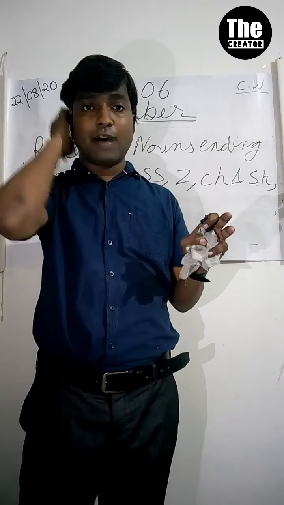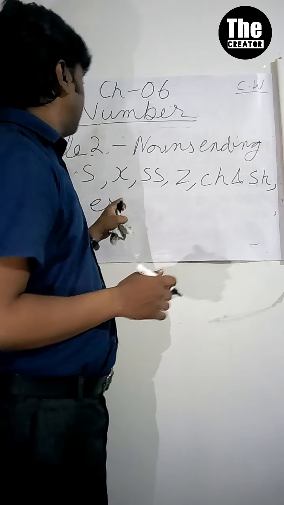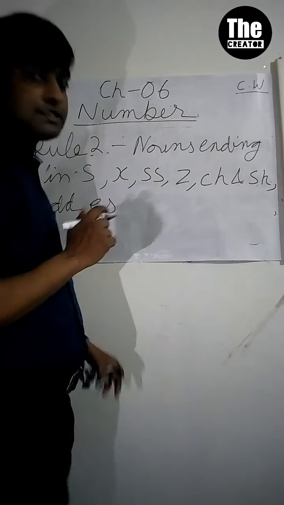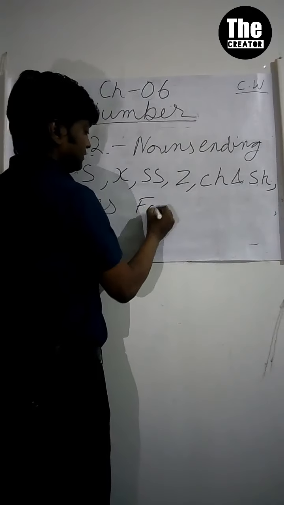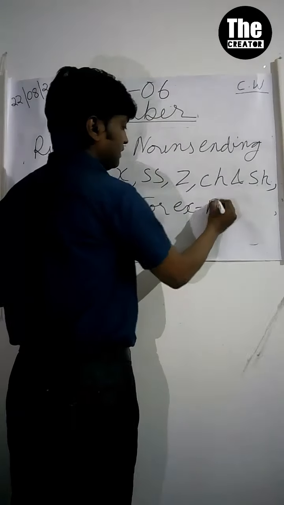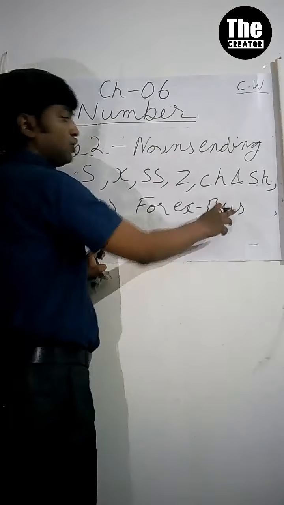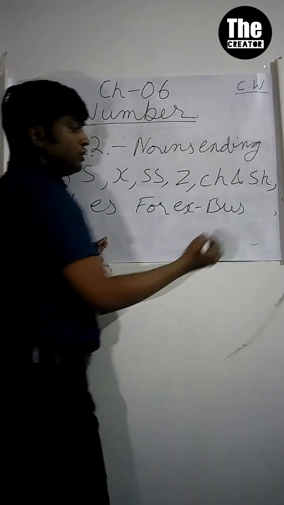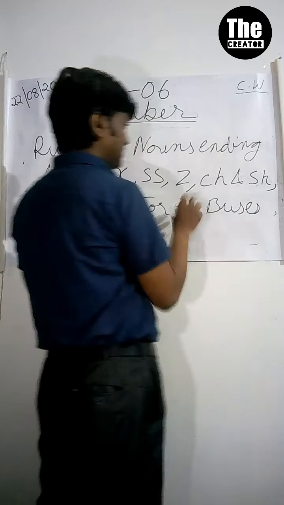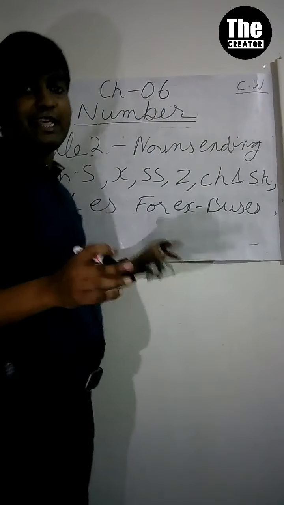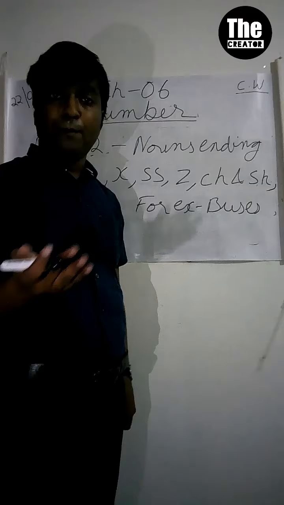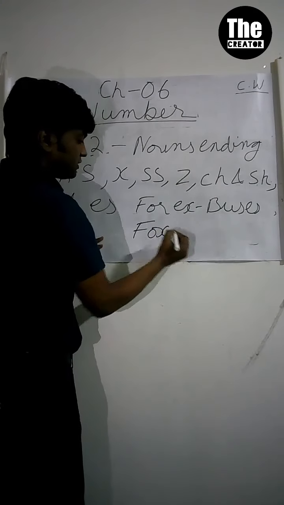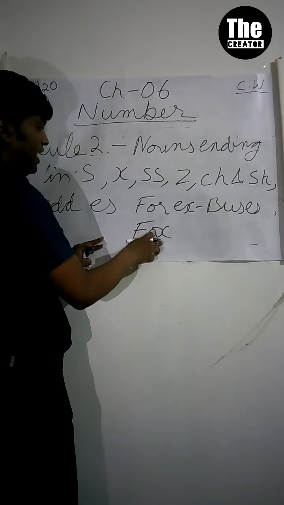Got it? For example, if we talk about S, bus. So this noun is ending with S. So what you need to do? Just add ES, then bus will become buses. Now if we talk about X example, fox, F-O-X.